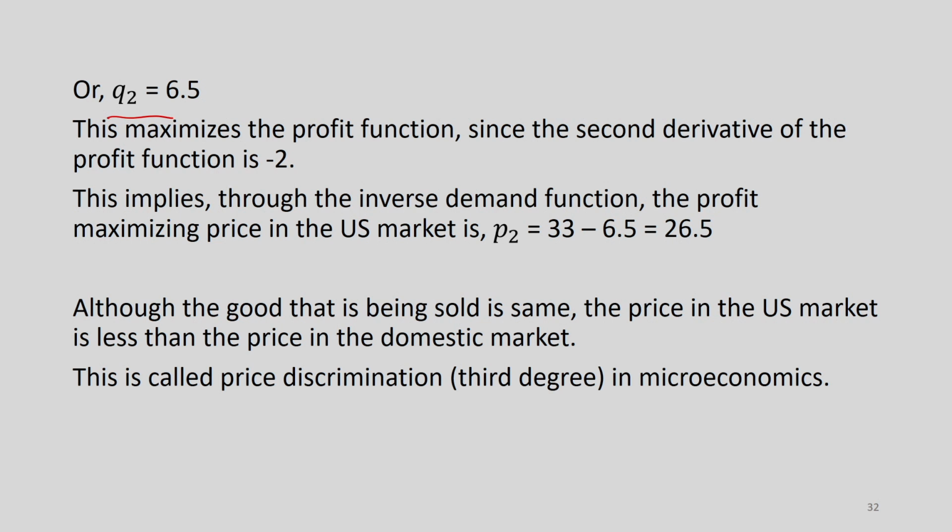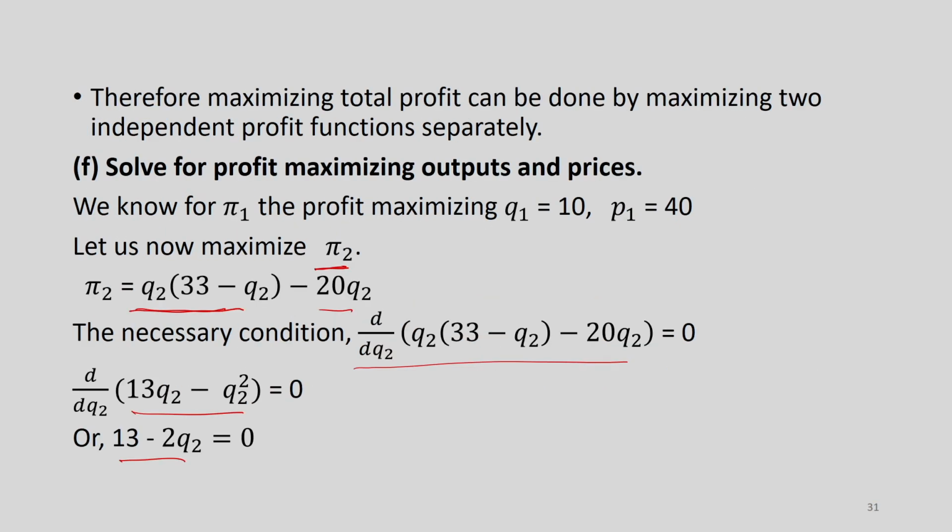So, quantity that is going to be sold in the US market is 6.5, right, and that is going to maximize the profit from the US market. 6.5 maximizes the profit function, since the second derivative of the profit function is minus 2. So, the second order condition is satisfied, because if you take the second derivative, it is minus 2.